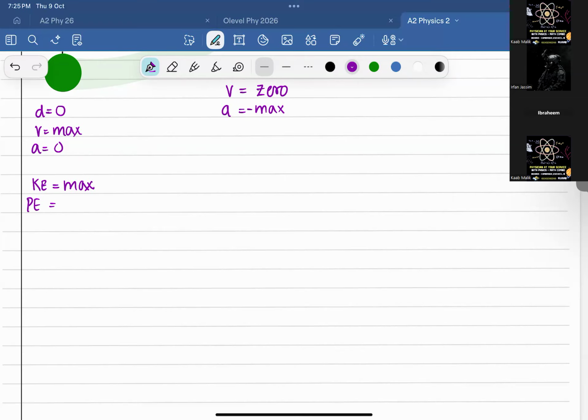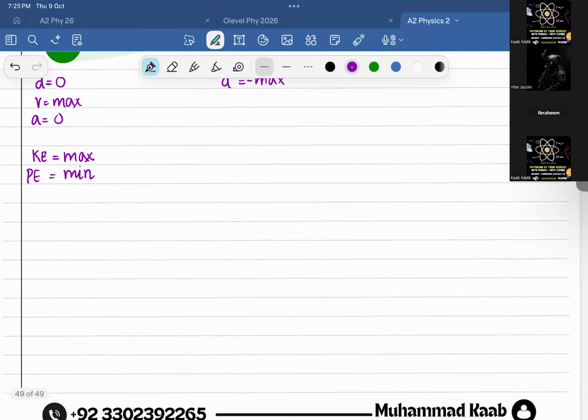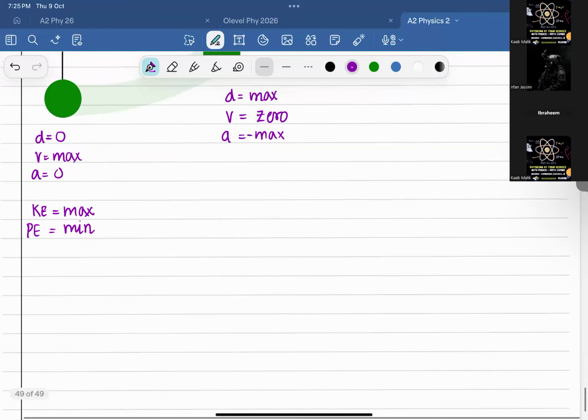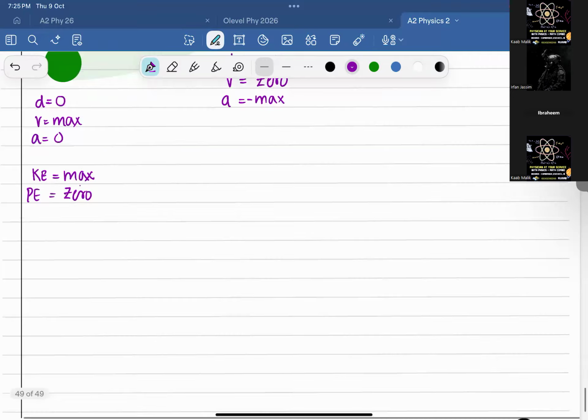So the potential energy is going to be minimum, and we can say zero. And the total energy at this point is going to be only in the form of kinetic energy, right? So this is the first thing.